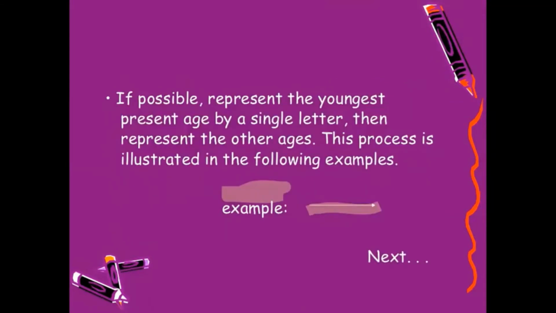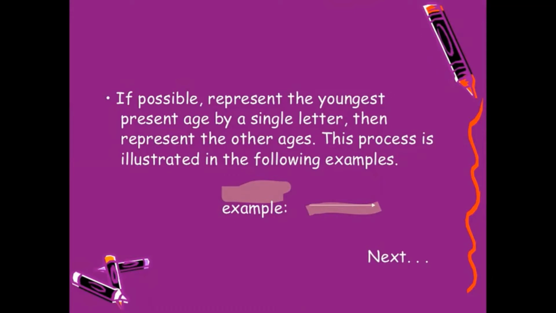Next, if possible, represent the youngest present age by a single letter, then represent the other ages. This process is illustrated in the following examples. So the youngest one, the minimum value, must be represented by the required variable, which you can call X or Y or whatever.